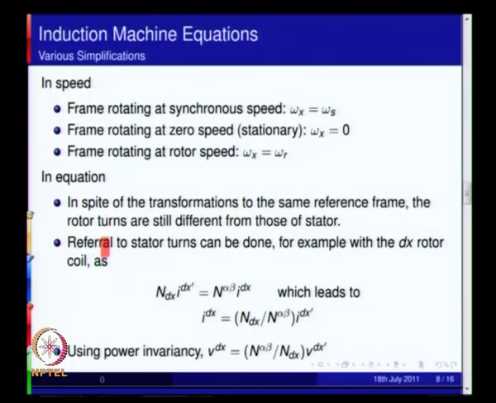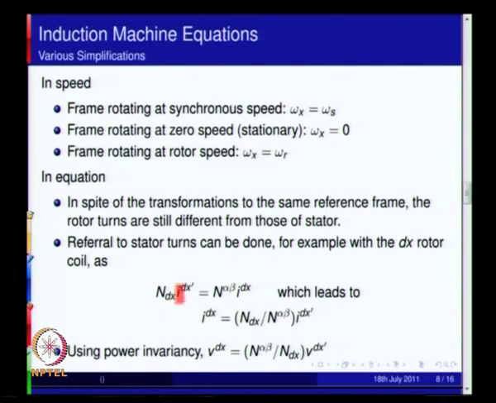One can refer all the terms to the stator, all the electrical variables of the rotor to stator turns itself, just like the way you do for a single phase transformer. You refer the secondary side to the input side by multiplying it by the turns ratio.